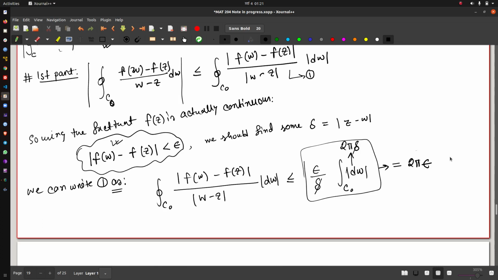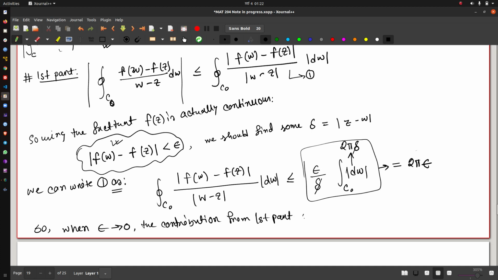And this epsilon will go to 0 in the continuous limit. So when epsilon goes to 0, the contribution from the first part will vanish.